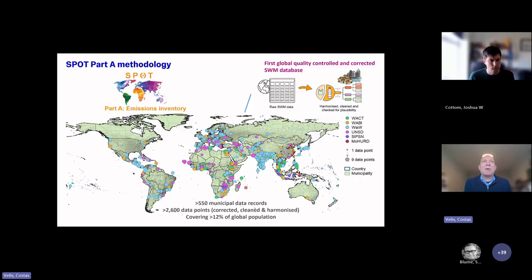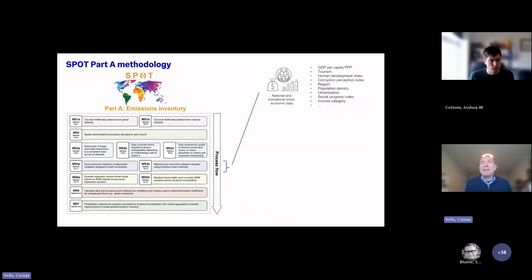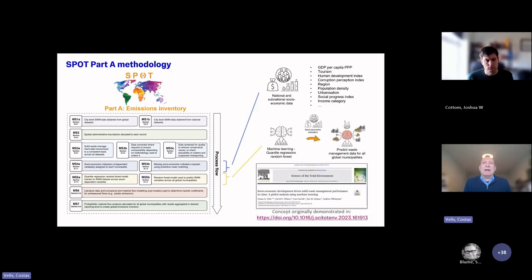And in terms of global population, it's covering around 12% of the world. Then we moved on to do a sort of modeling, because we have some 50,000 municipalities, but we've only covered some 550. So there's a huge gap in what we don't know around the world. And we will never be able, in the foreseeable time, to know all these things.